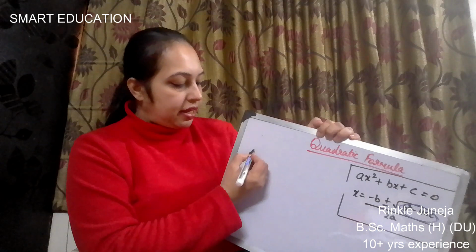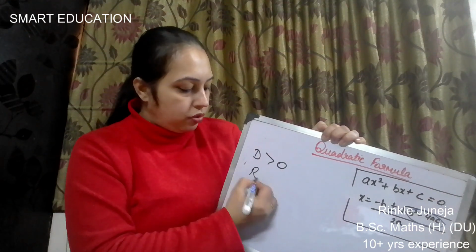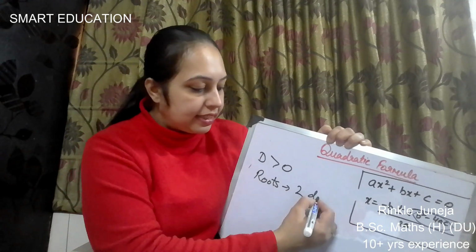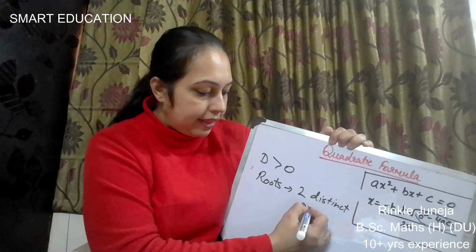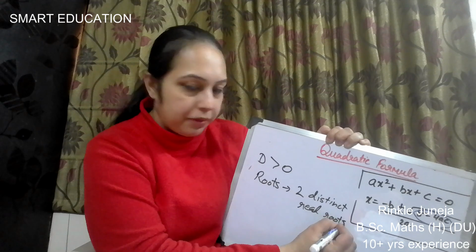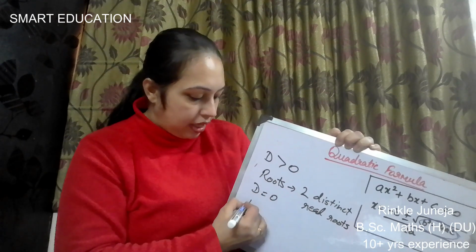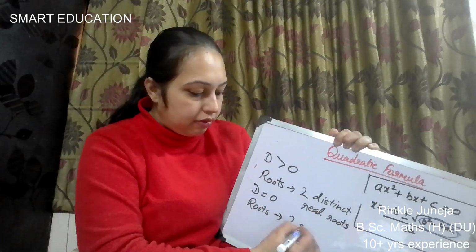If your discriminant is greater than 0, then the roots are going to be two distinct real roots. That means they're going to be real roots and they are going to be two different numbers, right? If D is equal to 0, then we are going to get two same real roots.